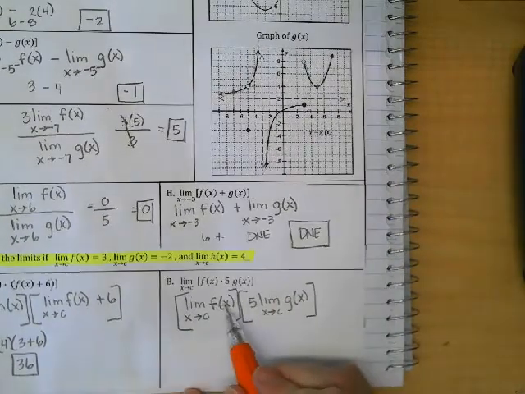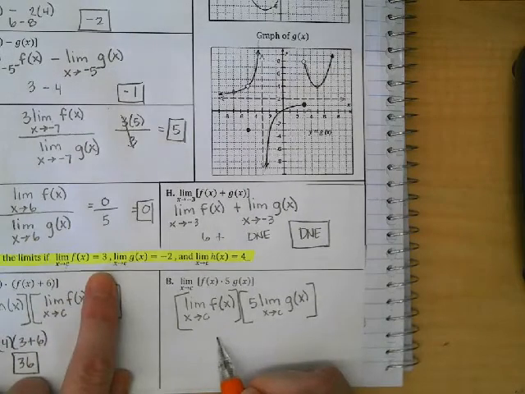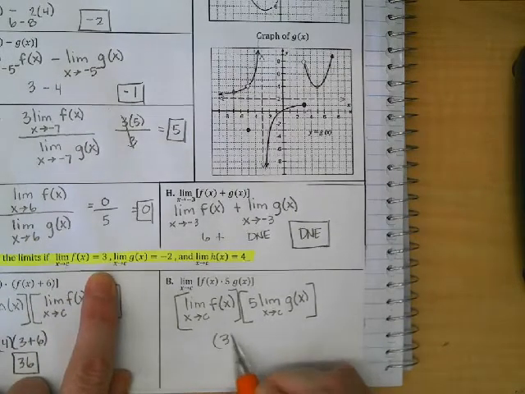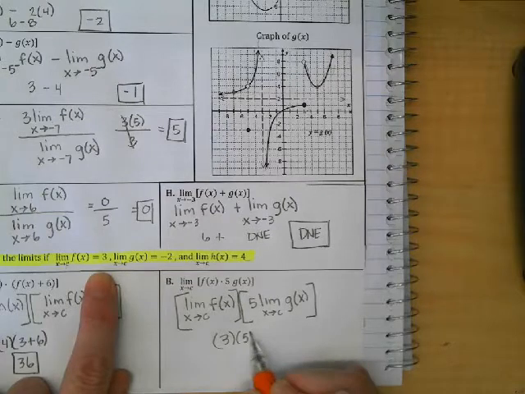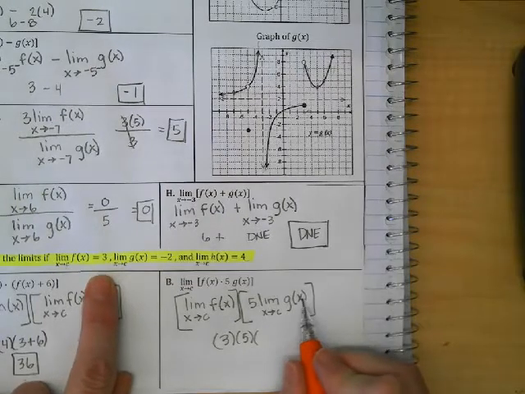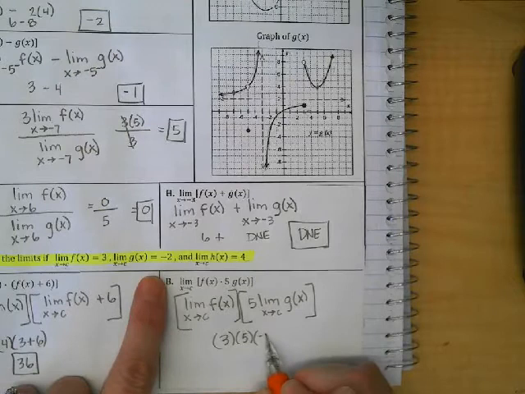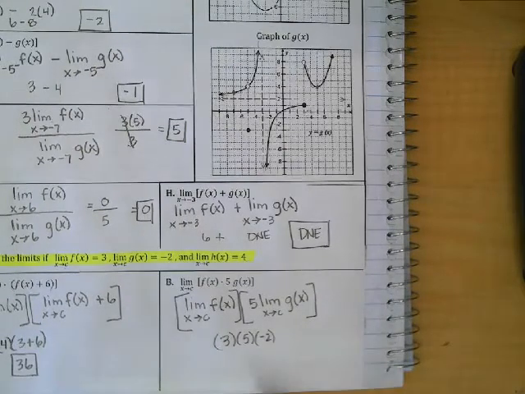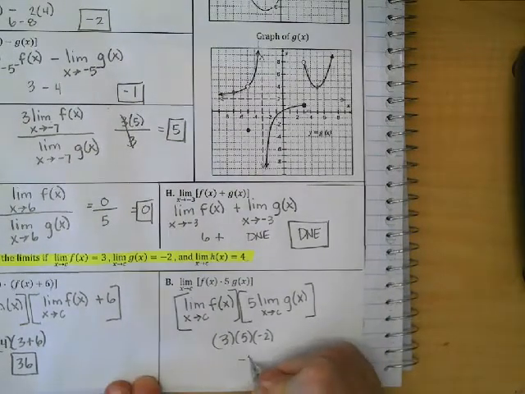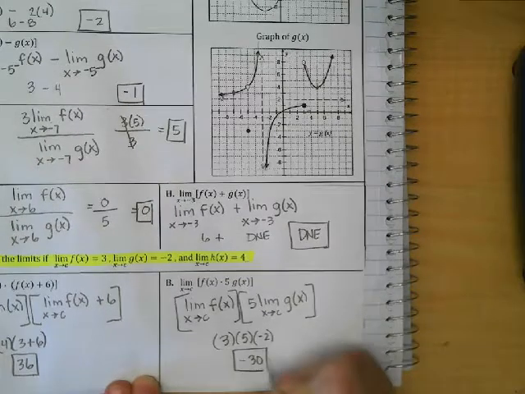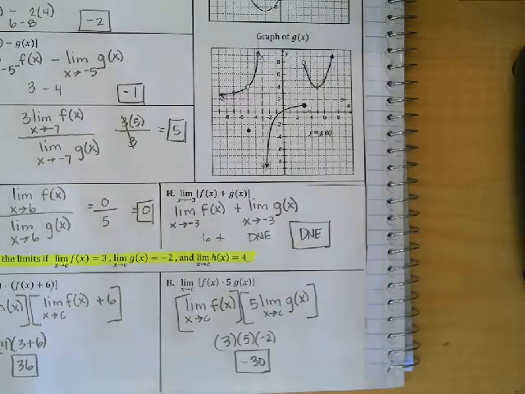Okay, so that is 3, and then 5, and g of x is negative 2. So 15 times negative 2, negative 30. So not too bad.